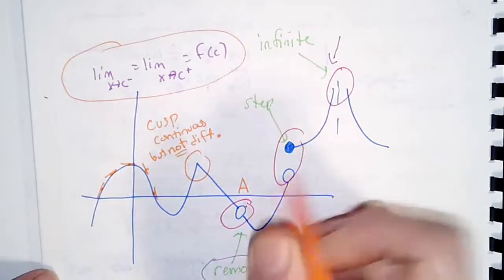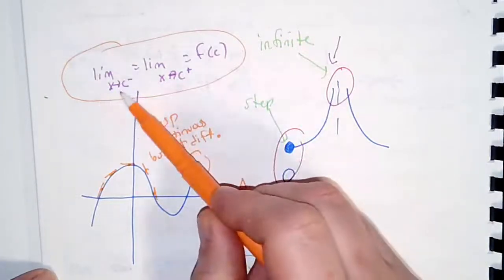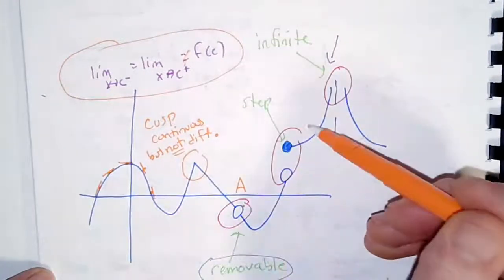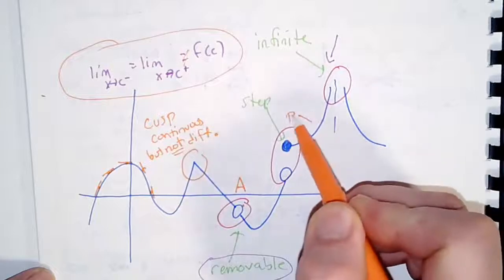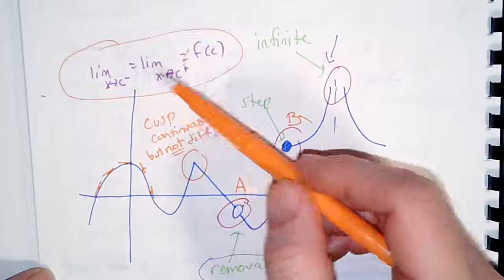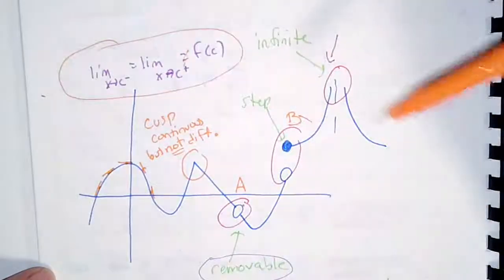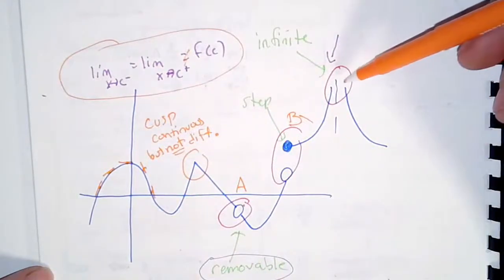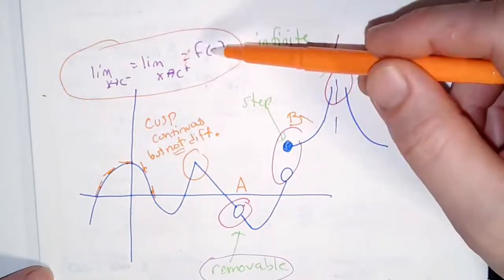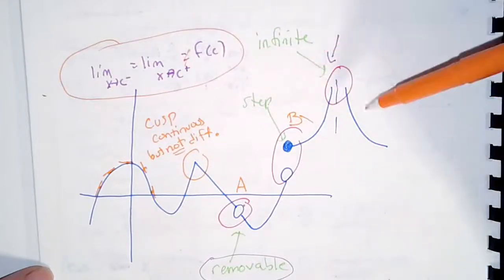Because the limit as x approaches c from the positive direction does not equal the value. How do we know at point B here it's discontinuous? Because the limit as we approach c from the left does not equal the limit from the right. And for infinite discontinuity, we could just say that it's not equal to the value at the piece right there. There is no value there.